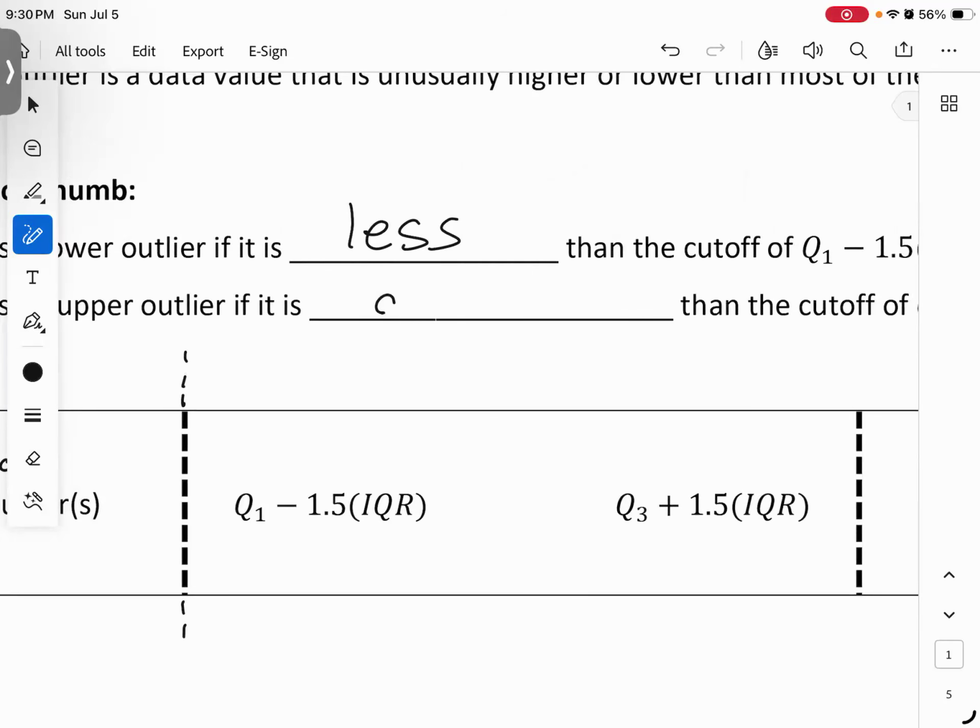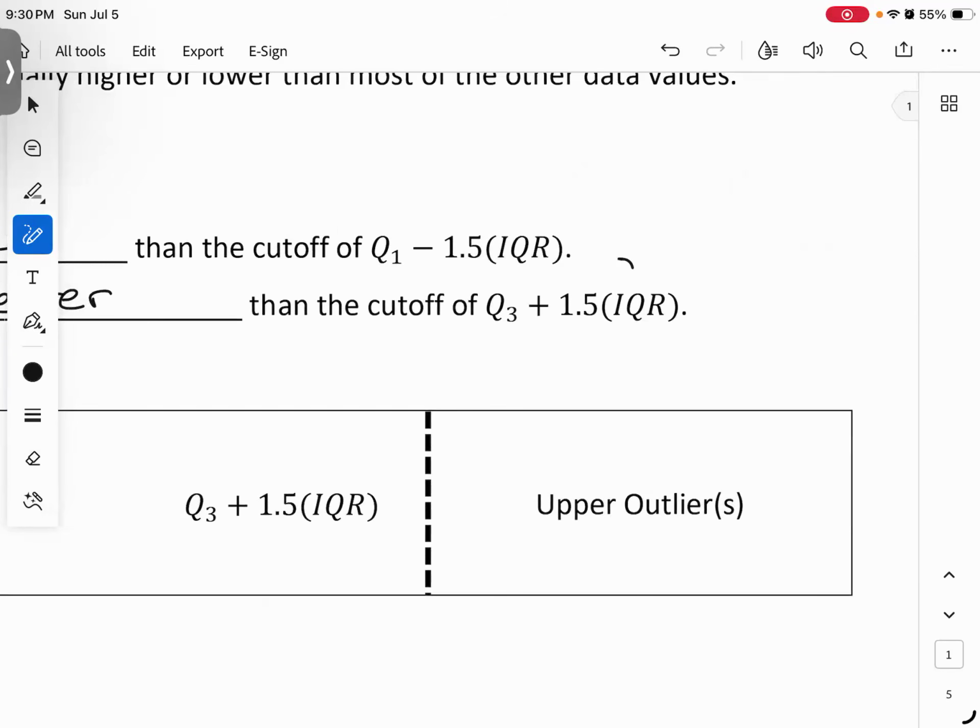But then we've also got the possibility that there could be some data values that are greater than this cutoff. The first one was taking the first quartile and subtracting 1.5 times your IQR. And then to check for uppers, you take the third quartile and you add 1.5 times your IQR.